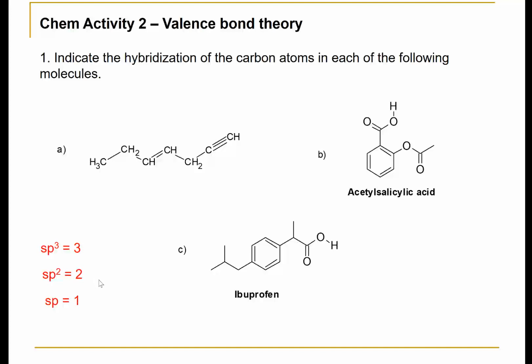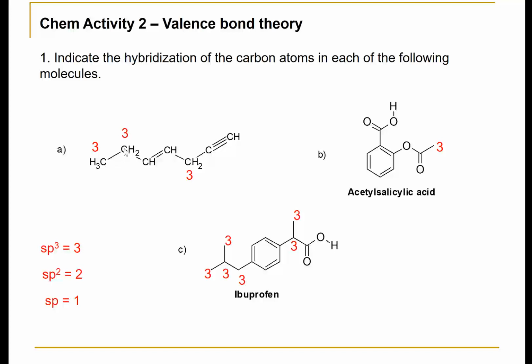Here is the answer concerning the number of carbon atoms that have sp3 hybridization. The way that I answered this, for instance, is when I looked at this carbon on the leftmost side of this molecule, I noticed that it's making one sigma bond to another carbon and then 3 sigma bonds to hydrogens. This carbon must be sp3 hybridized.